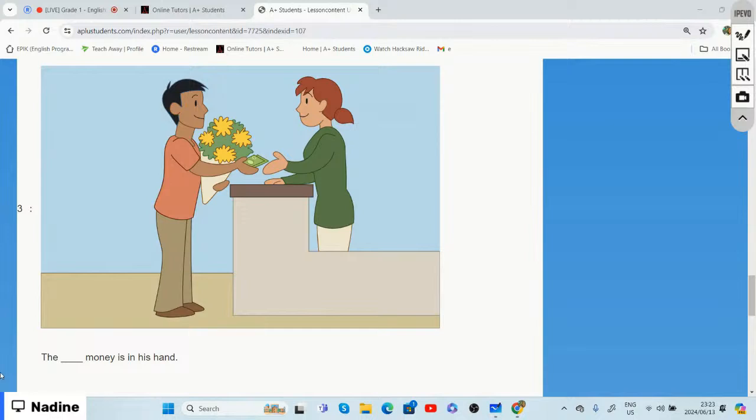The money is in his hand. Whose money is in his hand? Or what money is in his hand? So this man bought flowers and he has the money in his hand.